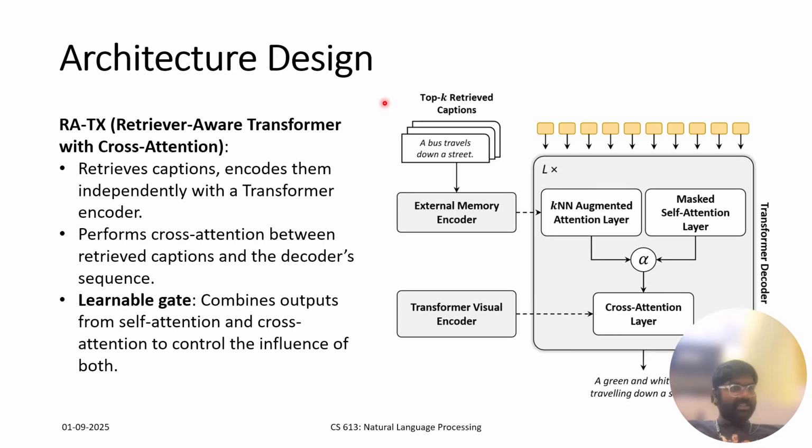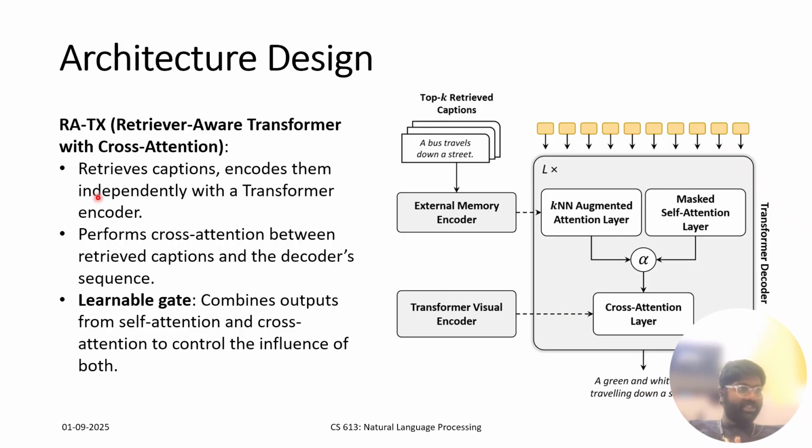Whereas in RATX, instead of directly using them as a prefix, we pass the top K retrieved captions through an external memory encoder, which encodes those captions and gives them to a kNN augmented attention layer. We combine this kNN augmented attention layer and the masked self-attention layer with a learnable gate to pass it through the cross attention layer, which gives the final caption.